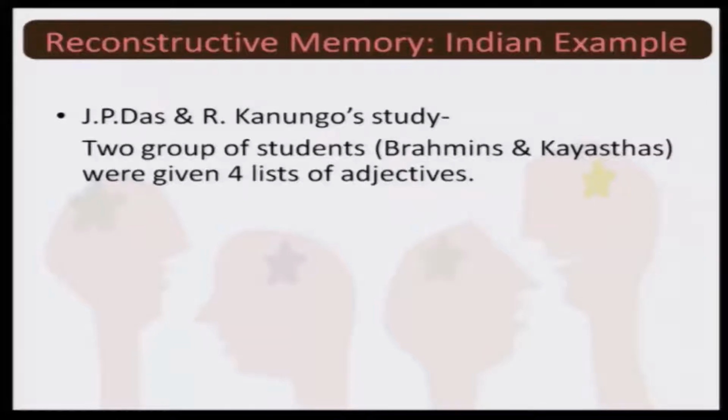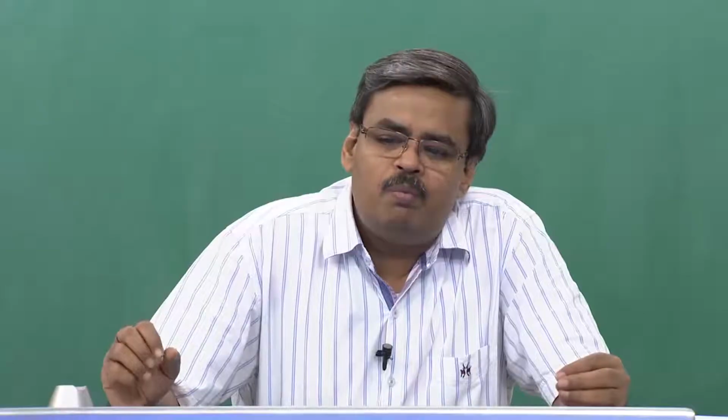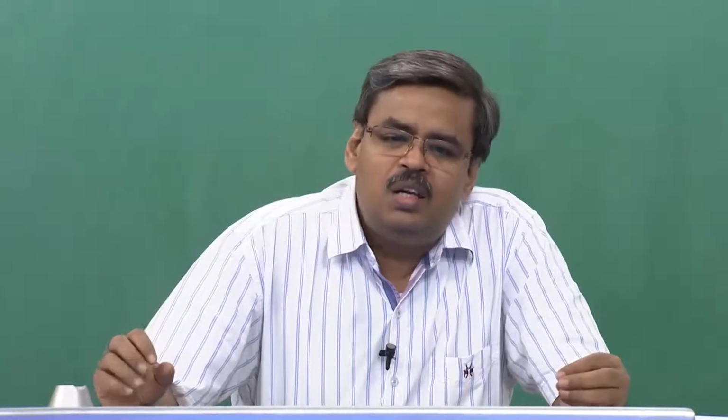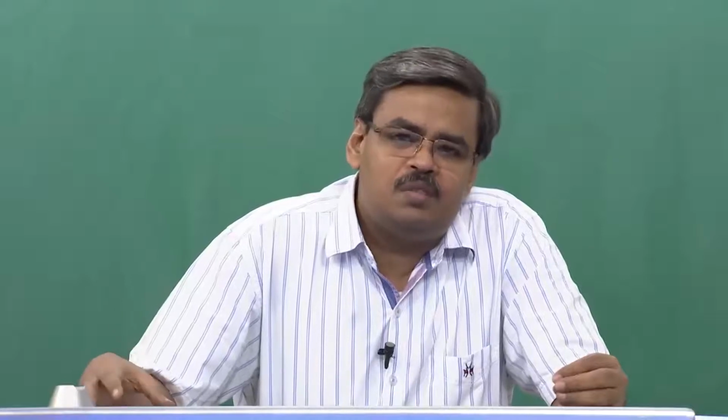One very interesting example I would like to quote is from an Indian study by J.P. Das and Ravindra Kanungo. They conducted a study where two groups of students who belong to two dominant castes in the country, Brahmins and Kayasthas, were given 4 lists of adjectives.